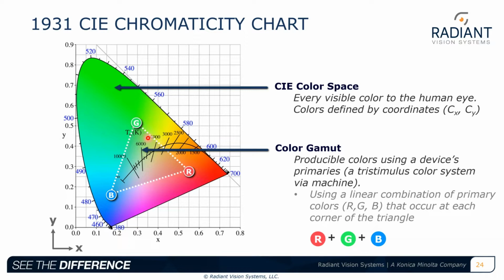And the larger the gamut gets, the more colors it can produce. So for certain industries, really expanding that color gamut is a priority of new device technology, as consumers really want the most blue and green they can get.